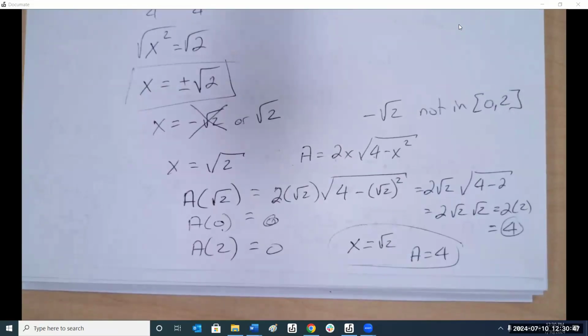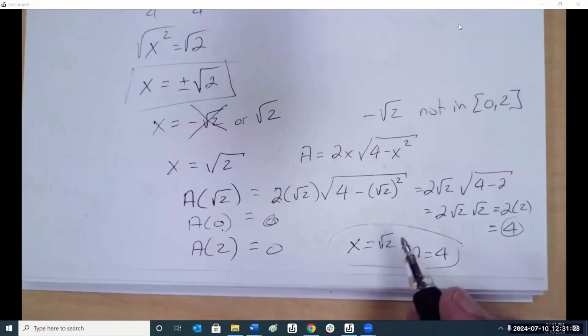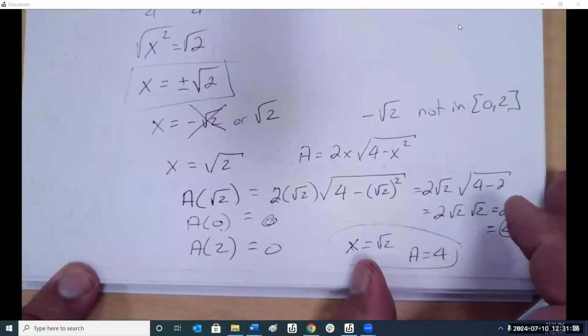Oh, no, the question asks, what's our y value? What's the height? Oh, no, that's the height. This is the height we're looking for. What's the length?